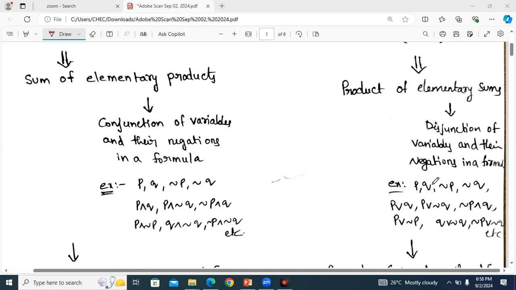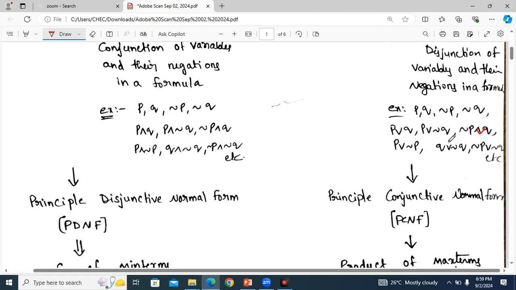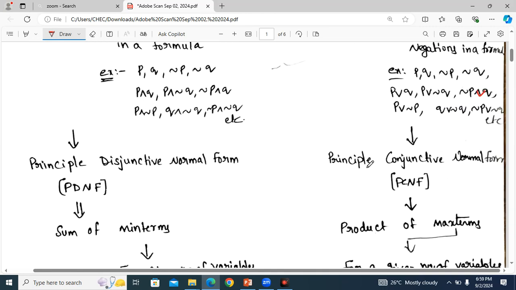For example, for two variables P, Q: P, Q, negation P, negation Q standing alone are elementary sums, and P or Q, P or negation Q, negation P or Q, negation P or negation Q, etc., are possible elementary sums of P, Q.